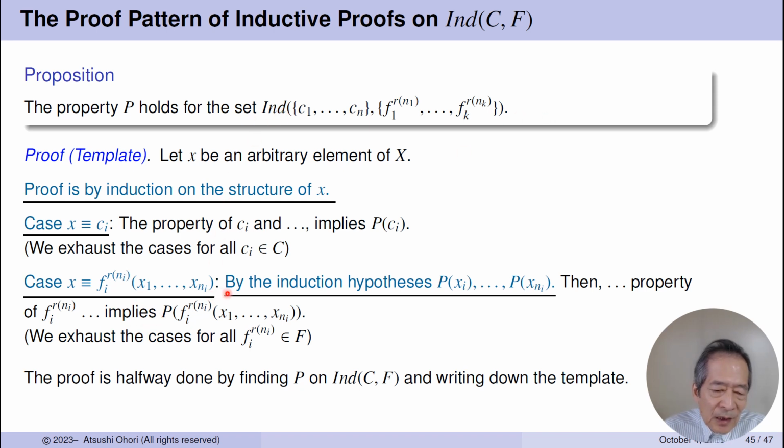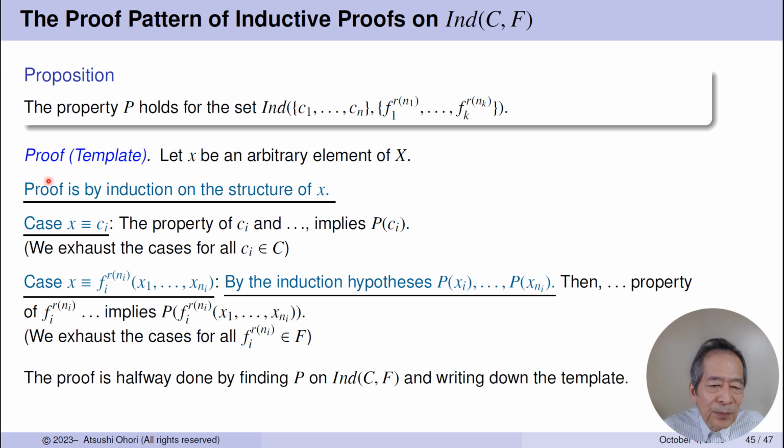In this case, you say the following: by the induction hypothesis, P of x1 through P of xNi are true. These properties hold. Then using this assumption, and possibly additional properties of this constructor, you show this property. And you exhaust the cases for all constructors in F.